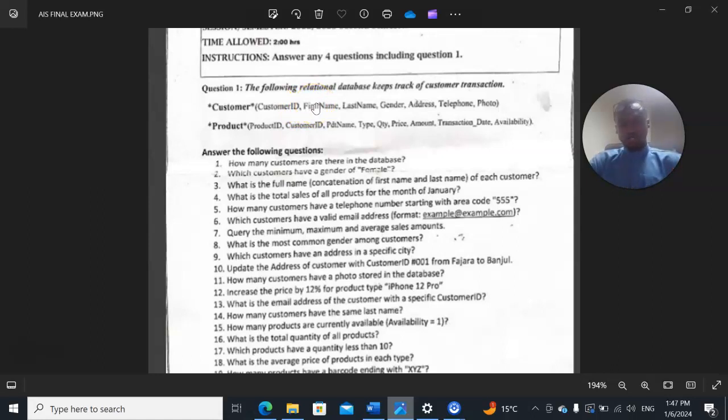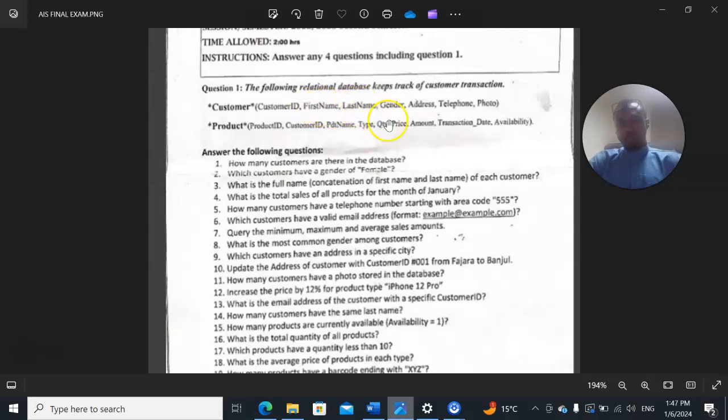There will be duplications of names. For example, you can have a customer whose name is Lamin, and we can have another customer whose name is Lamin. So if we make first name the primary key, it violates the rules of the primary key, because the primary key must be a unique identification. It should not be duplicated. Therefore this cannot be a primary key.